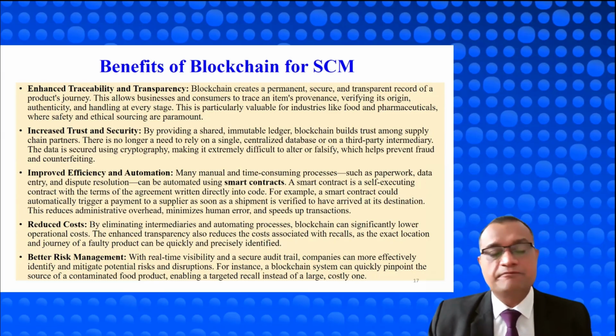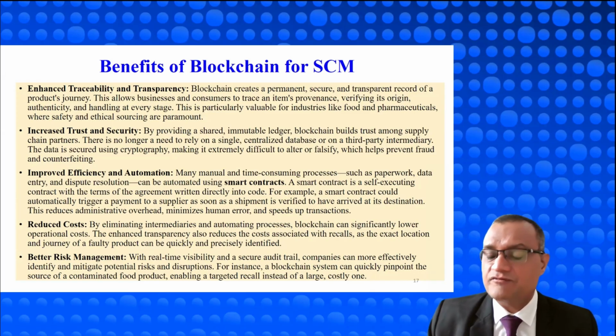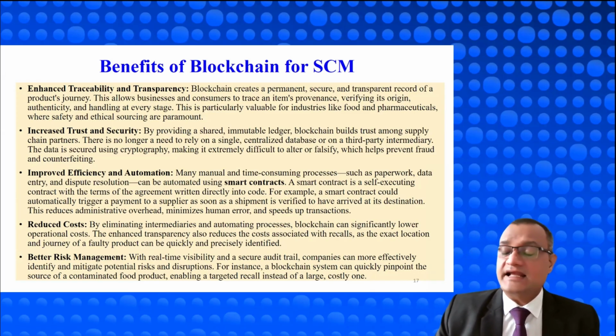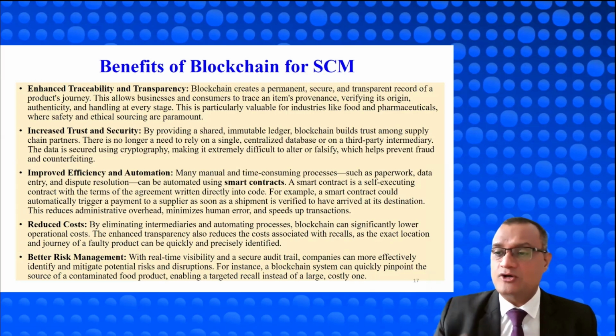Number three, it improves efficiency and automation. For example, you can have a smart contract that automatically triggers a payment to a supplier as soon as a shipment is verified to have arrived at the destination.